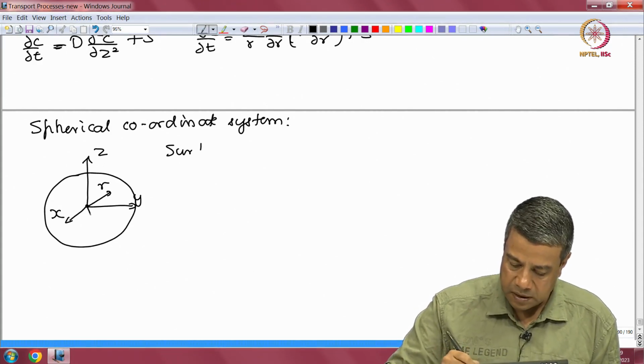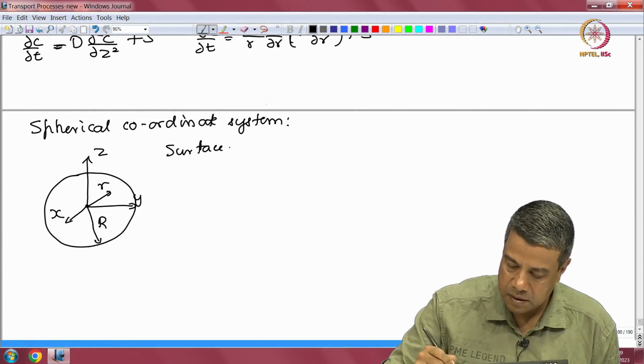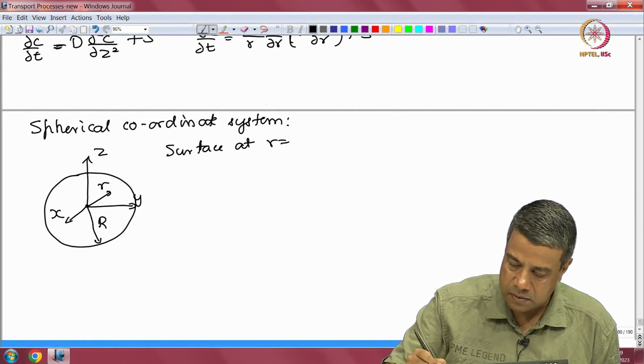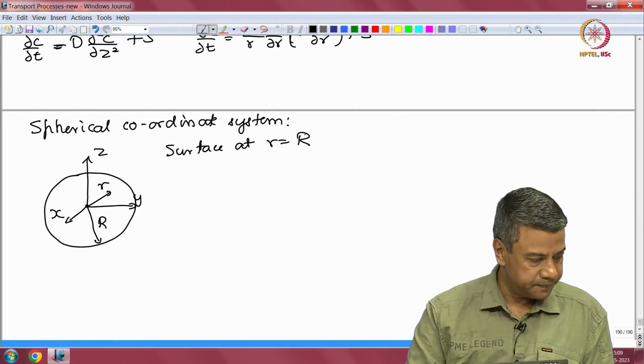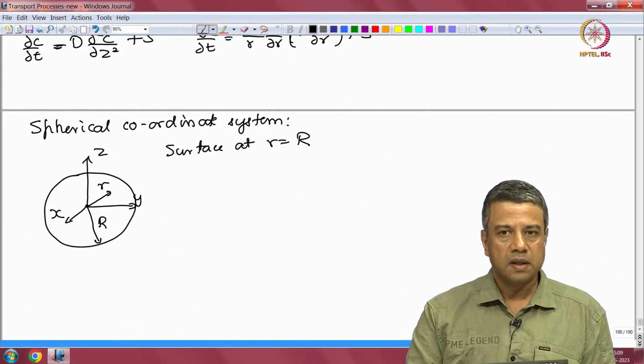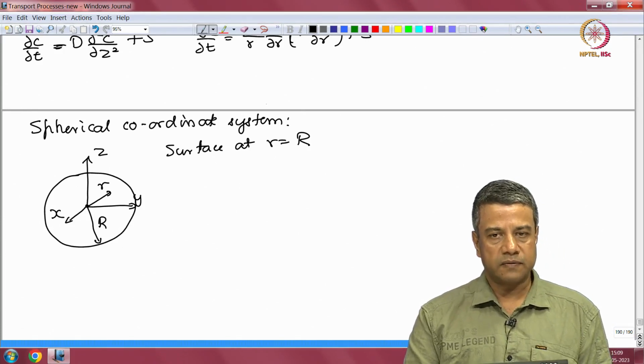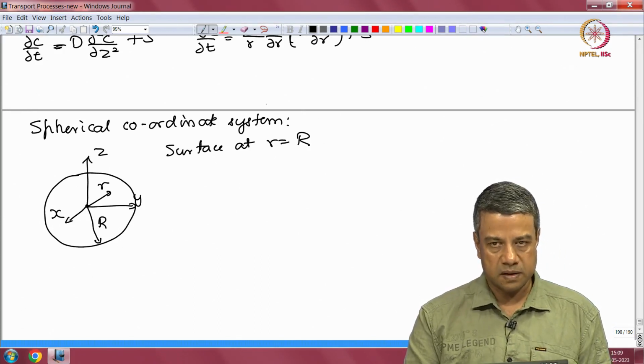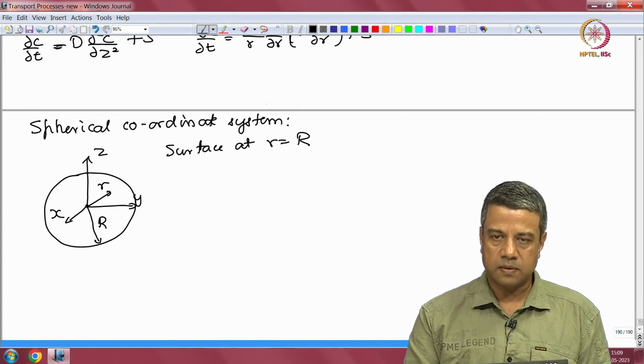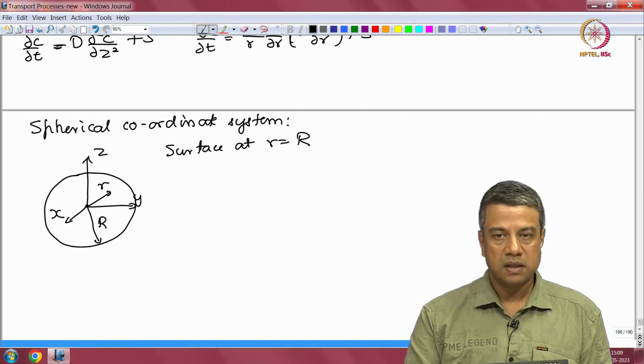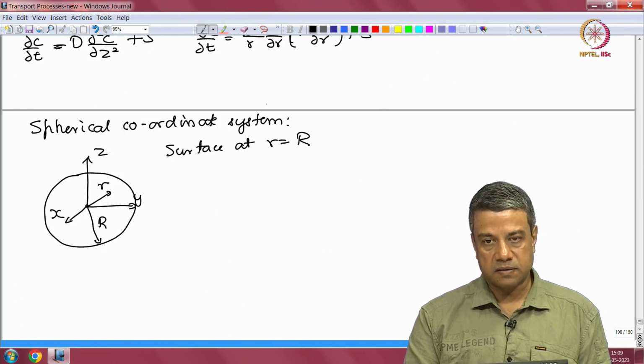And the surface of the particle is going to be at r is equal to capital R. And the properties vary as a function of this distance from the origin. Unidirectional transport means that the properties depend only upon one coordinate. That coordinate is the distance from the origin.